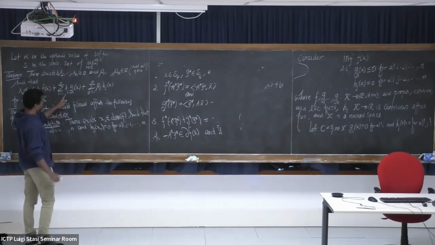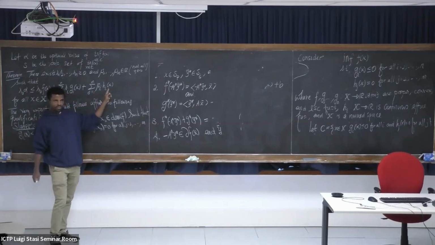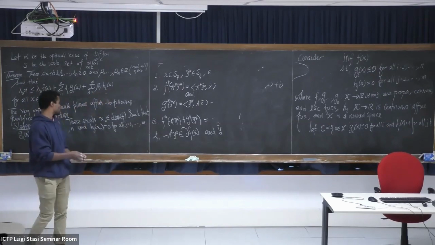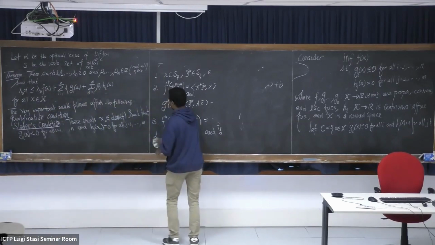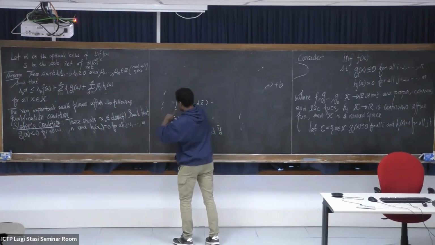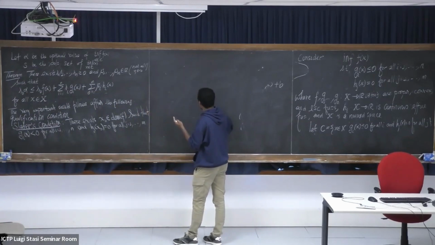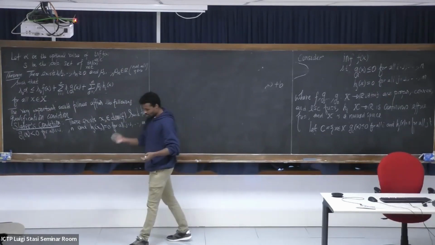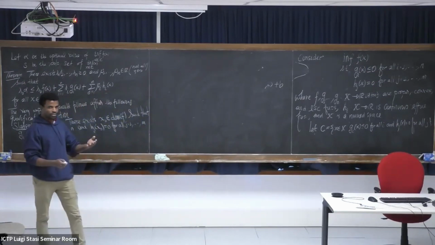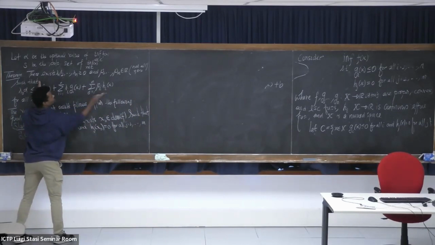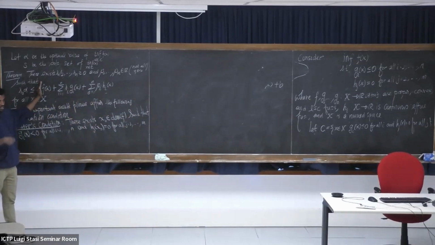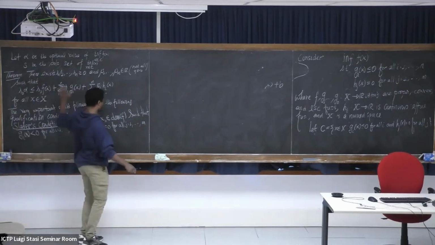Lambda is a Lagrange multiplier of gi, and mu is a Lagrange multiplier of hi. With all these properties, the next discussions will tell us there is a connection with the solution of the constrained optimization problem.